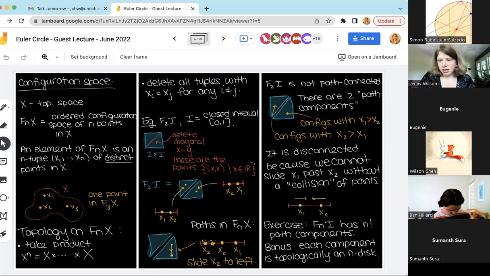This question is, when is there a map from the configuration space of X on n points to the configuration space of X on n+1 points?